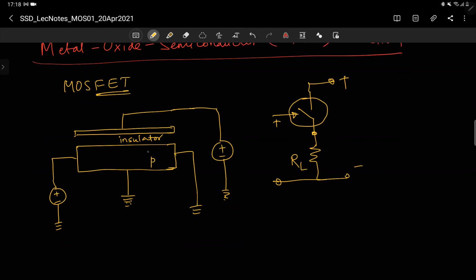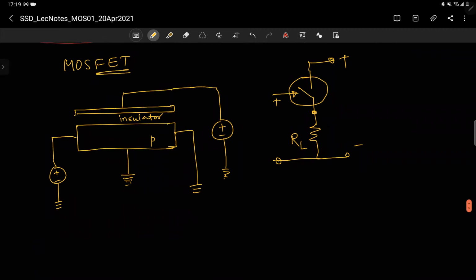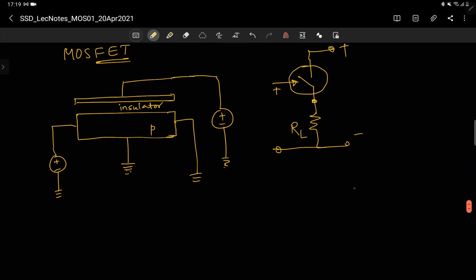When you don't have mobile carriers, how can there be any current? Because current conduction happens only when there are mobile carriers. Otherwise, you could have current conduction in vacuum also, but in vacuum there are no carriers. So unless you put carriers in, vacuum also doesn't conduct. So how do you put carriers in vacuum? That is thermionic emission and the olden days vacuum tube devices.